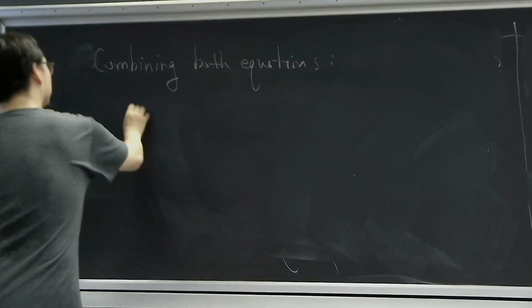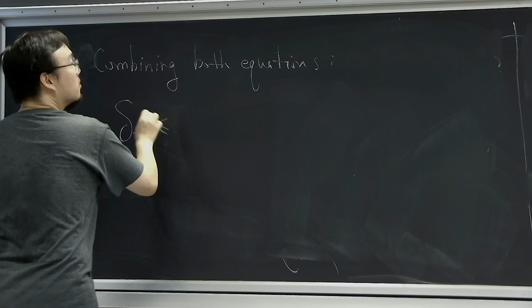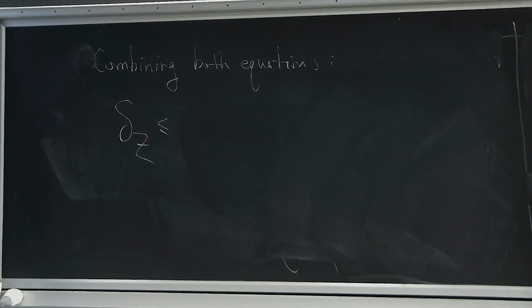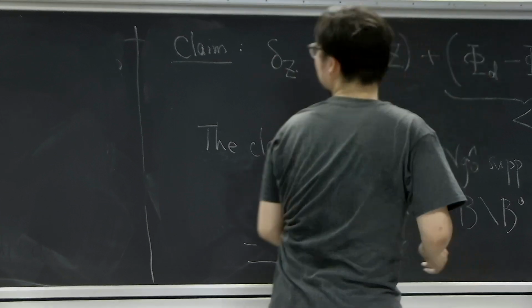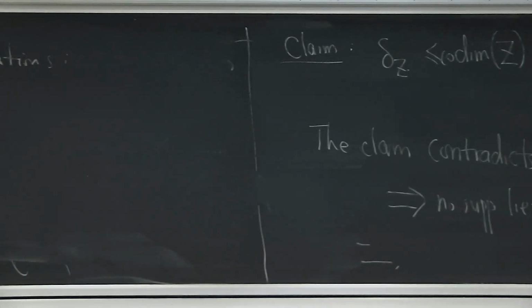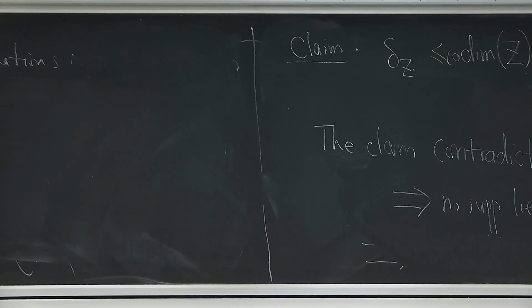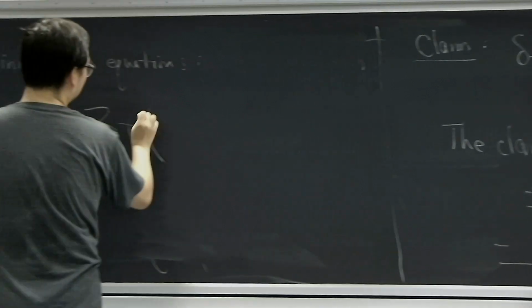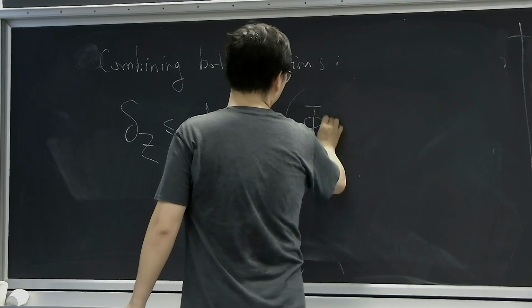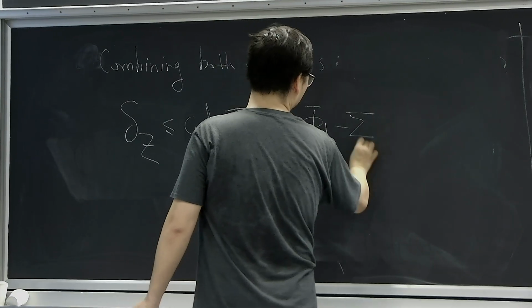You get the upper bound for delta Z, where of course you will see the codimension of Z, which is given by dimension B minus the dimension Z. So you have one term, which is the codimension Z. But this phi D will show up, as I claimed. This is phi D minus the sum of phi Di.